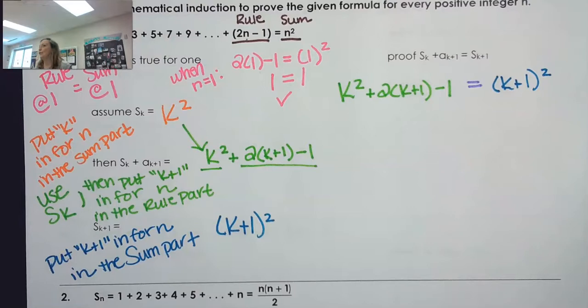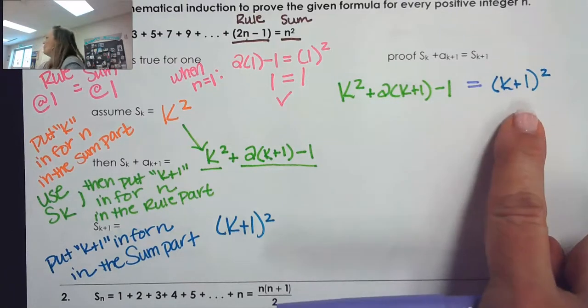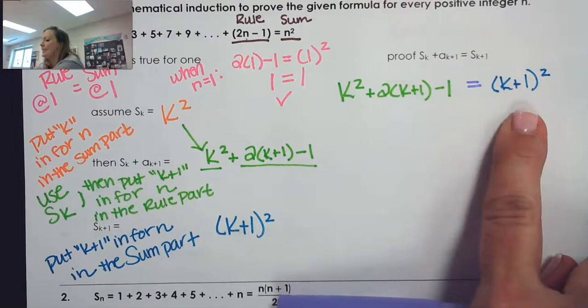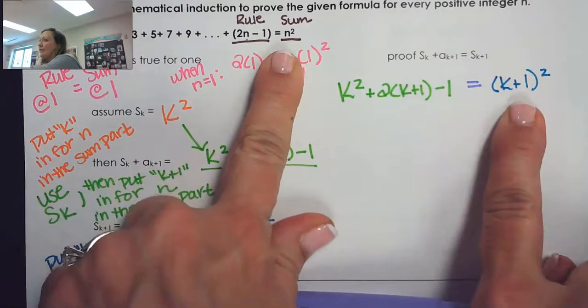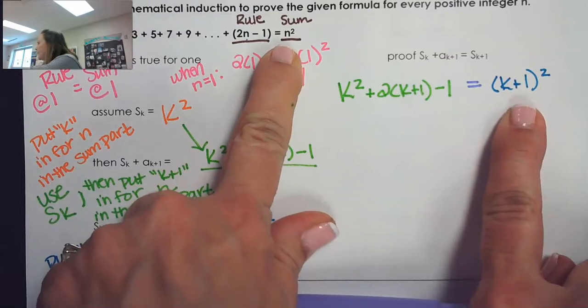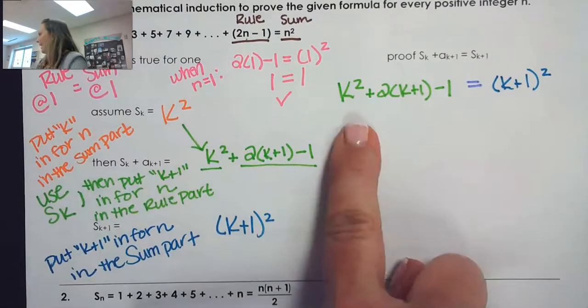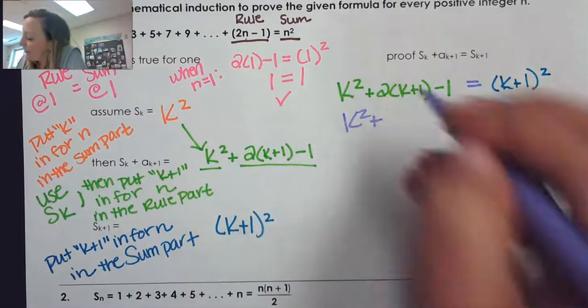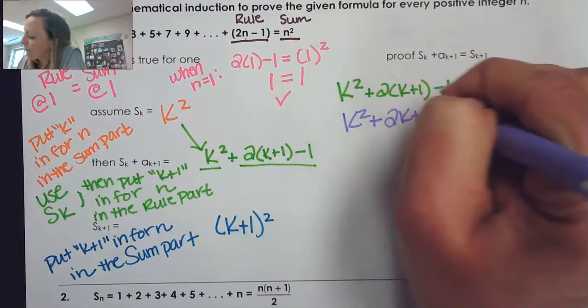And I'm going to show that those are equal to each other. Okay. Usually we leave the right-hand side mostly the same. You'll see some minor variations as we go forward, but we're doing that the same because we want to show that this is like this n squared, this k plus 1 squared thing, okay? So let's work on our left, and we could distribute. So what does that give me? 2k plus 2.